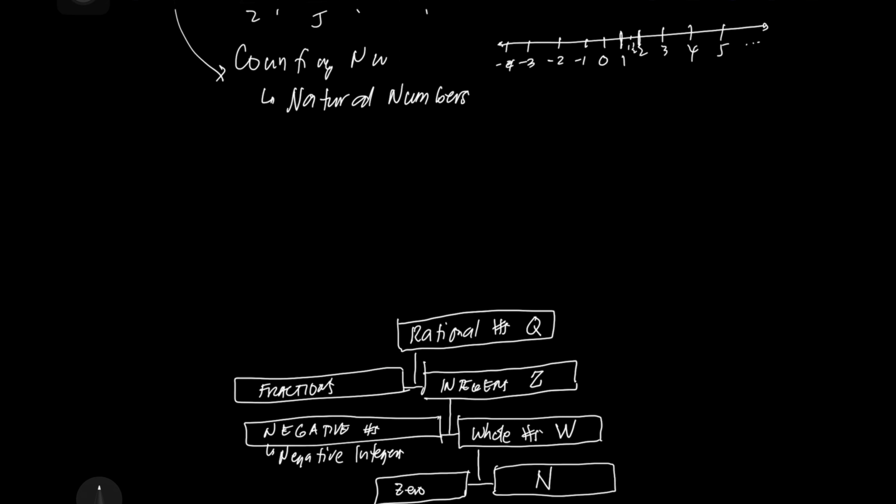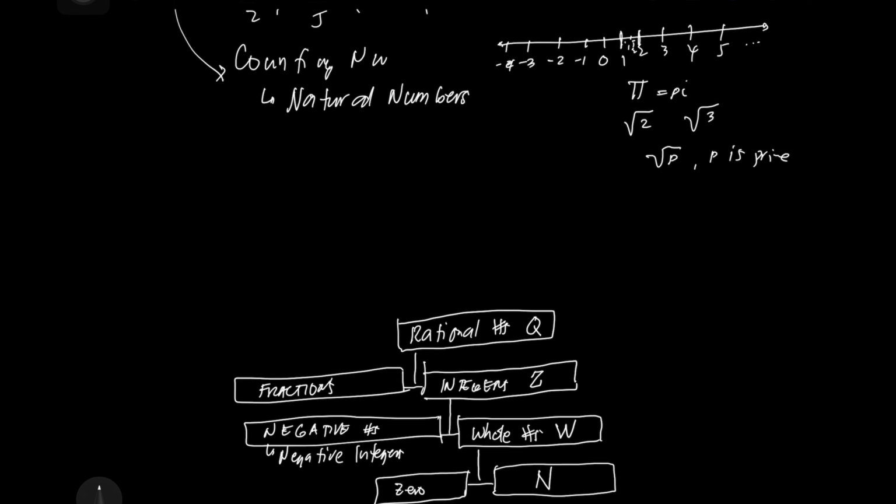However, in this real line, there are also irrational numbers, those decimals that are non-repeating and non-terminating. For example, we have pi, a non-terminating, non-repeating decimal. Other examples are square root of 2, square root of 3, or square root of p, where p is prime.